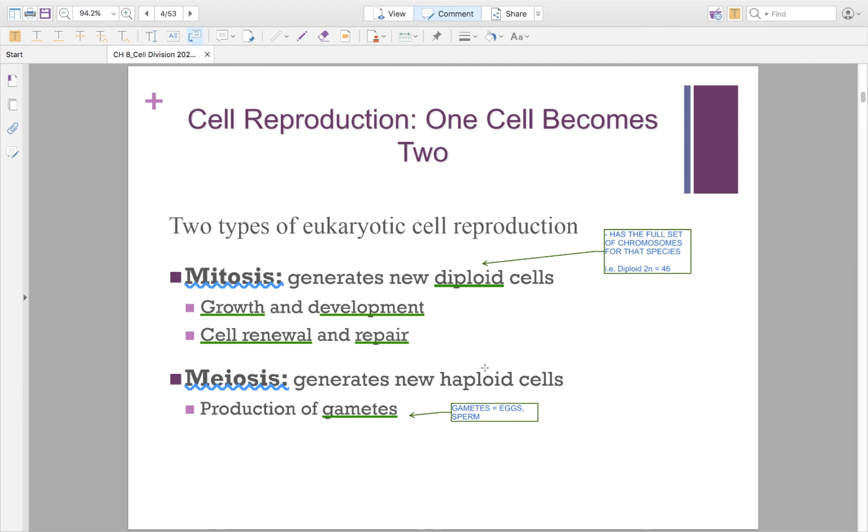What does haploid mean? Haploid means that the organism has half the number of chromosomes for that species. Example, let's say we're talking about a haploid sex cell.